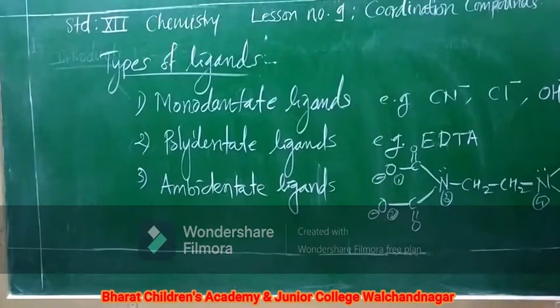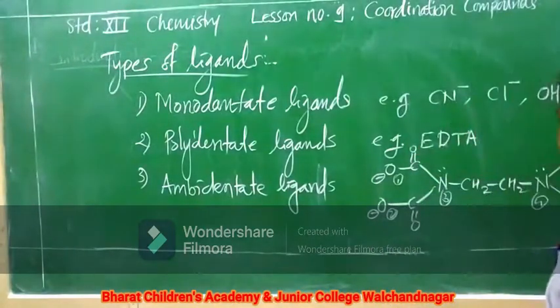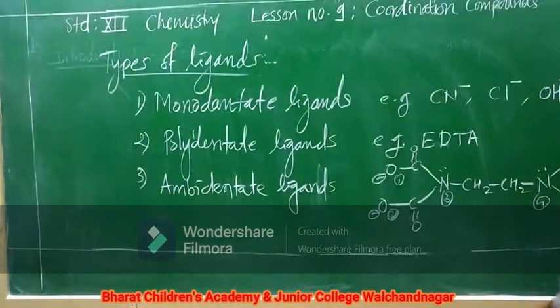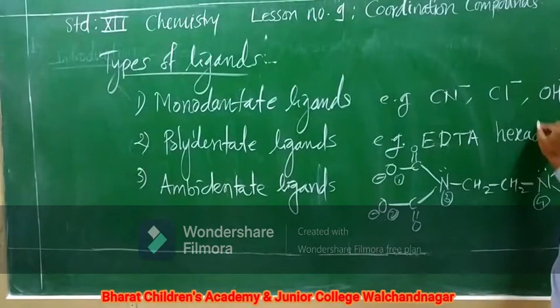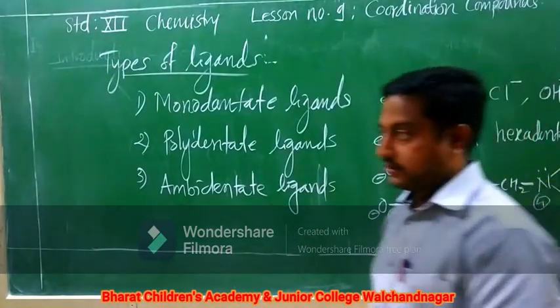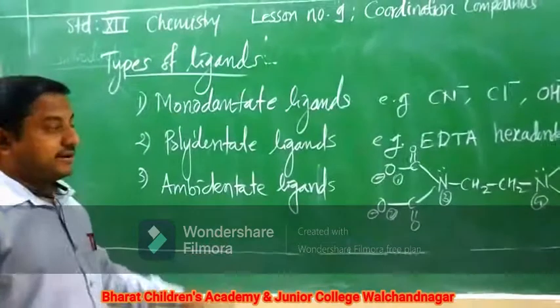All six atoms can form a bond with the central metal, and therefore this particular ligand is referred to as a hexadentate ligand. Ethylene diamine tetraacetate is one of the good examples of a polydentate, that is hexadentate, ligand.